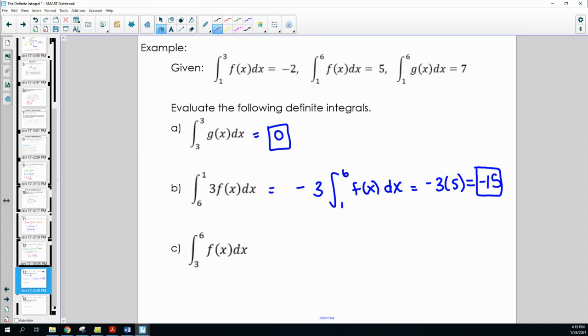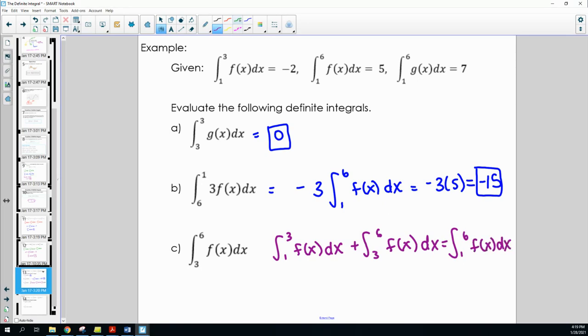Okay, and then we have the integral from 3 to 6 of f of x dx. Well, I don't have the integral from 3 to 6 as one of my givens, but I do have the integral from 1 to 3 and from 1 to 6. So I can say that if I take the integral from 1 to 3 of f of x dx, and I add it to the integral from 3 to 6 of f of x dx, I'm going to get the integral from 1 to 6 of f of x dx.